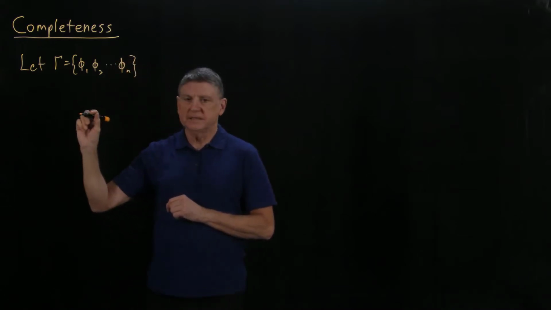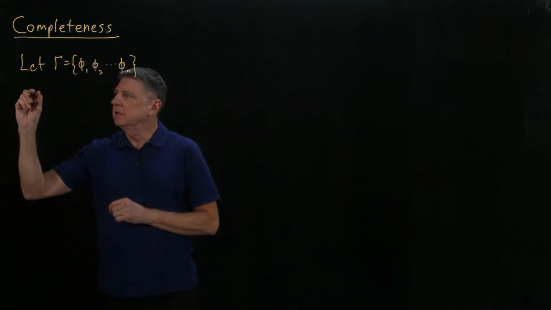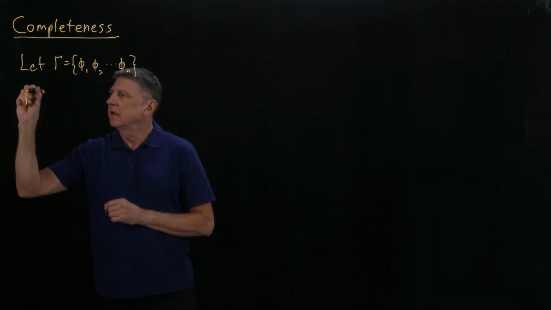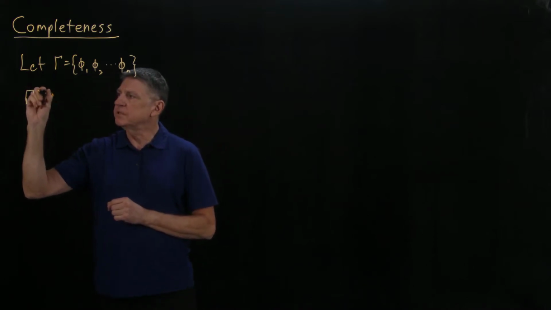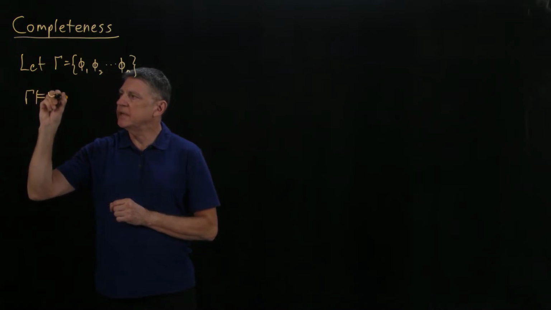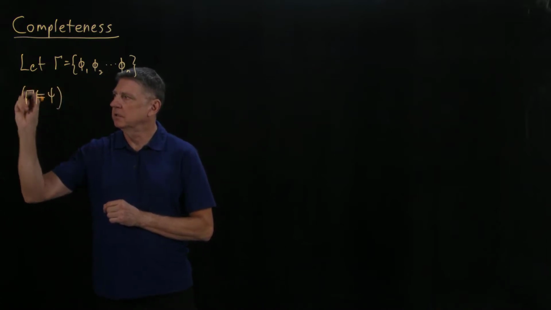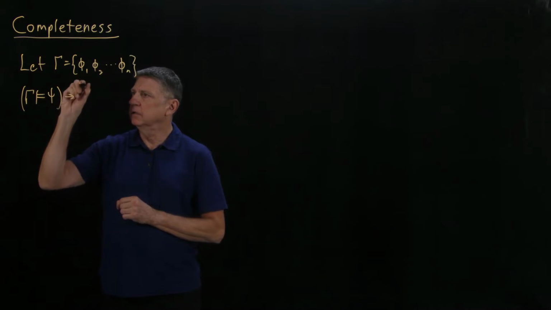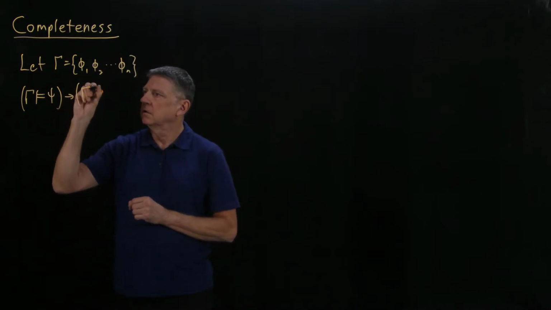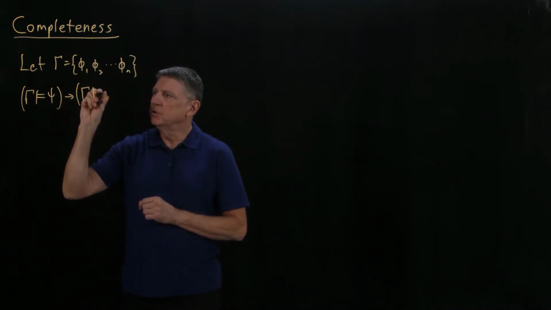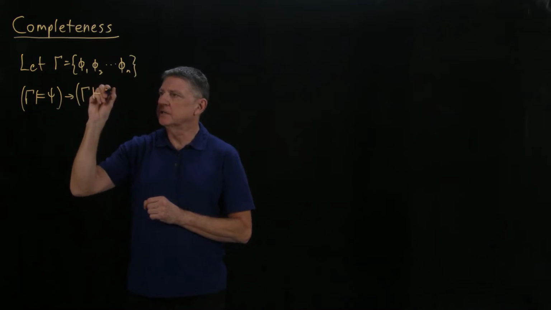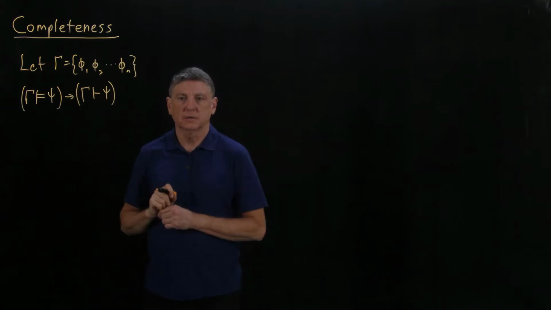And completeness is the statement that if the premises semantically entail a conclusion, then from the premises you can use the rules of natural deduction to arrive at the conclusion.